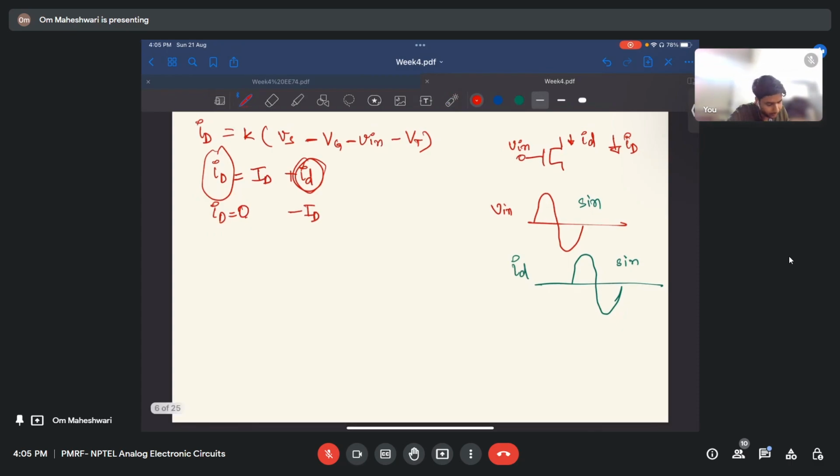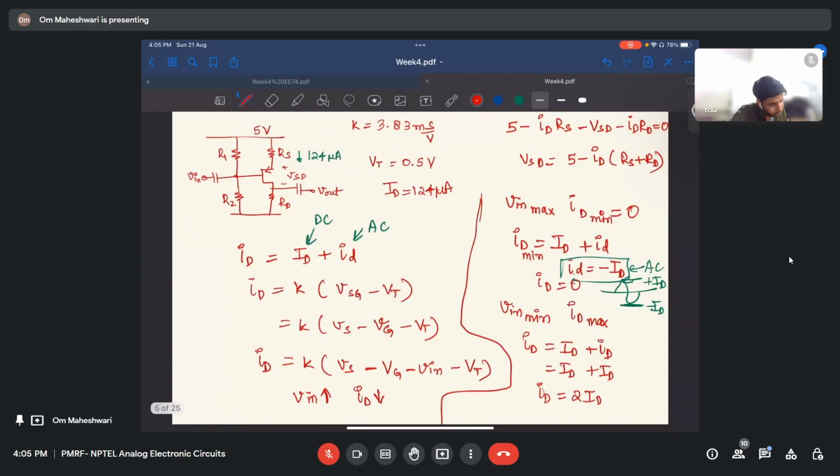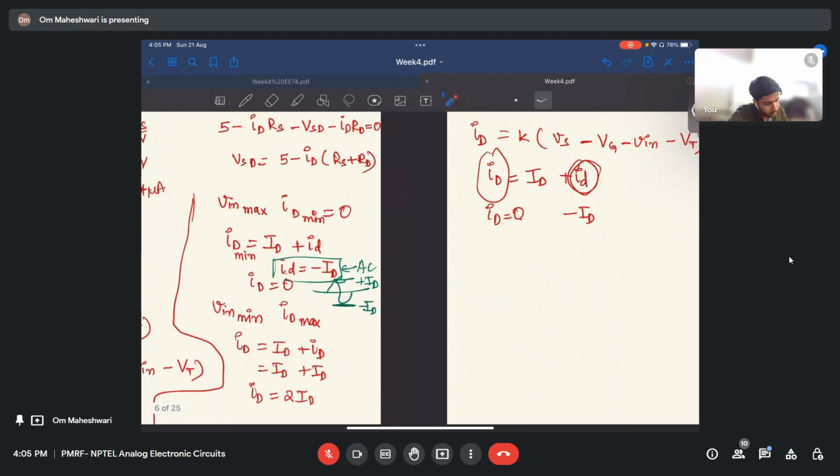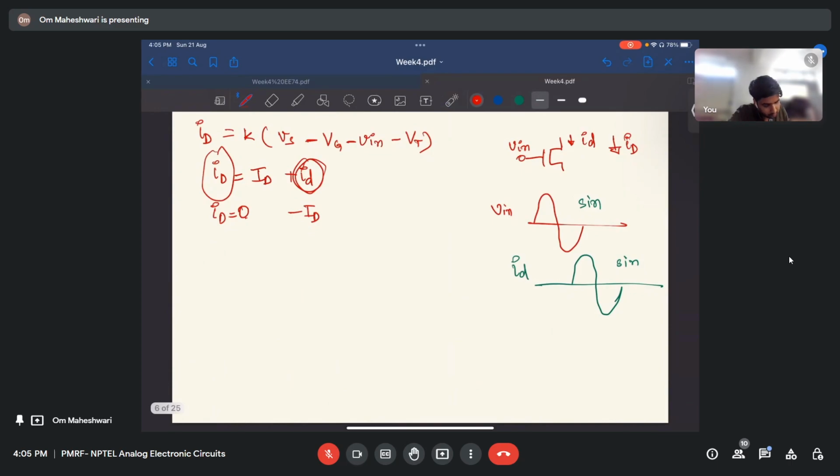So we really do not need calculating this maximum or minimum case, but why are we doing this? Because we have to find RS, right? So this is the equation. I cannot take the minimum case because ID is zero, so I cannot find RS and RD. That is why I go to this second case when ID is maximum. For the maximum case, Vn must be minimum.